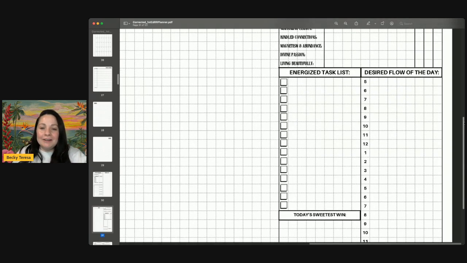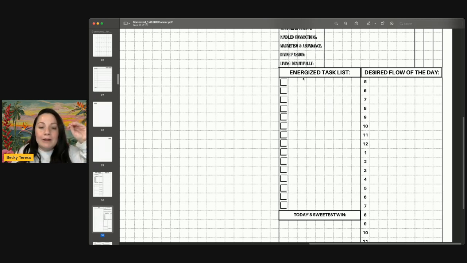Okay, and then down here we're going to have our energized task list. This isn't like your to-do list, like, oh, you have to do this. No, this is an energized task list. Okay, and this might sound silly to you. Cool, make fun of me all you want, but I'm telling you, language is important, and the way we say things is important.